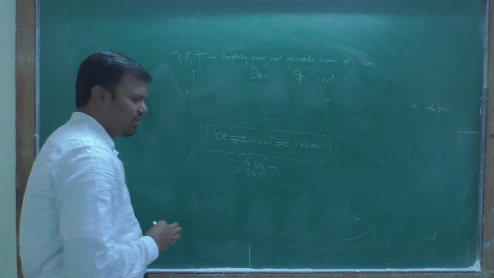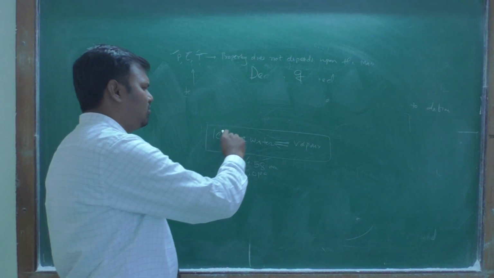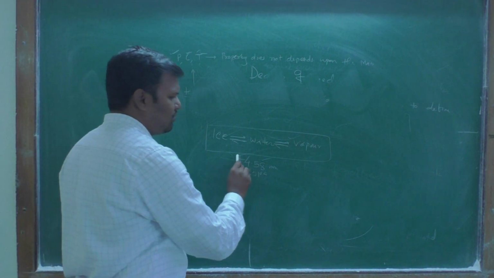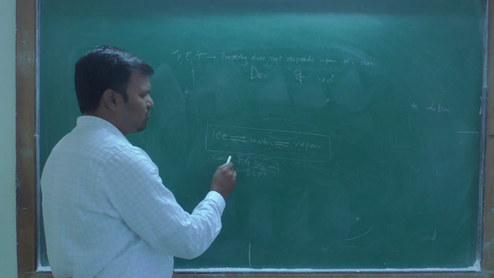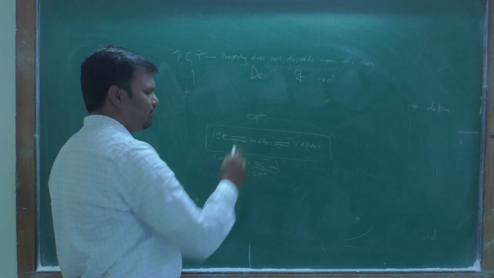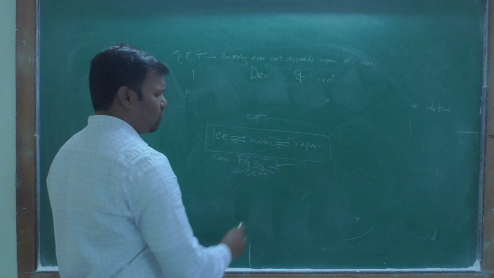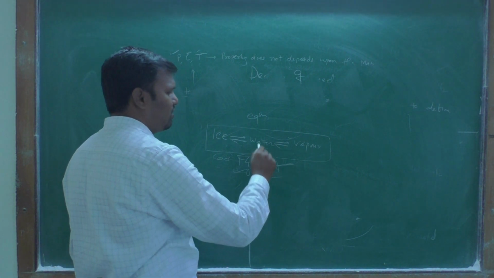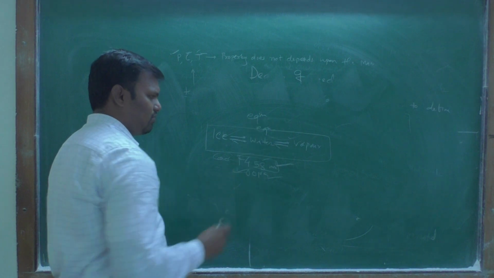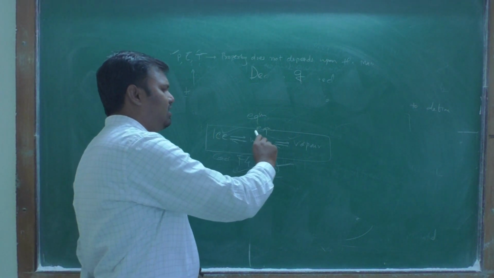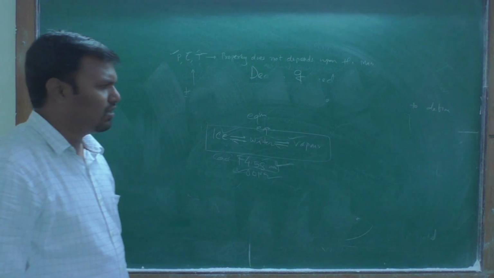Then this system appears. If you make one of them constant and increase the temperature, the equilibrium is disturbed. If you make the pressure constant and the temperature constant, and pressure increases or decreases, the equilibrium will be disturbed. At a particular point, you should have ice, water, and vapor.